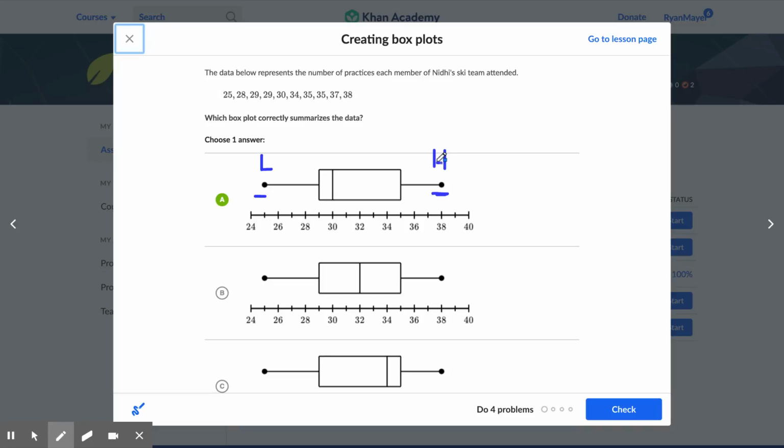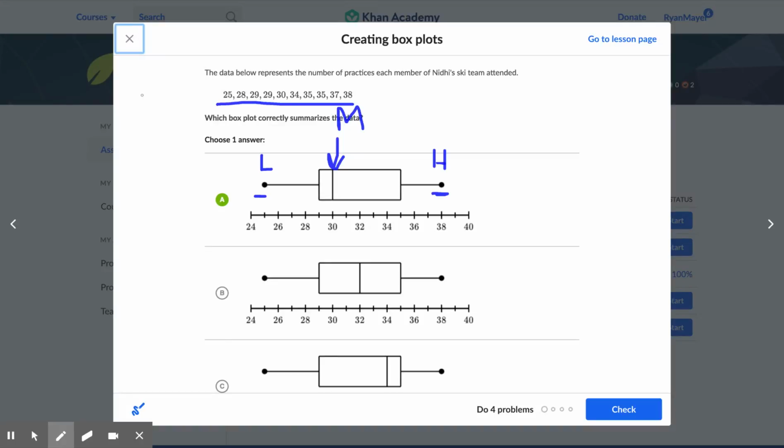You should also remember that this line right here is going to be our median. All of that should be pretty self-explanatory for you guys to figure out what those numbers are, looking at this data. You all know how to find the median, the lowest number, and the highest number, especially when they put it in order for you like this.